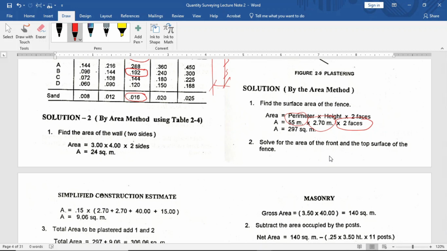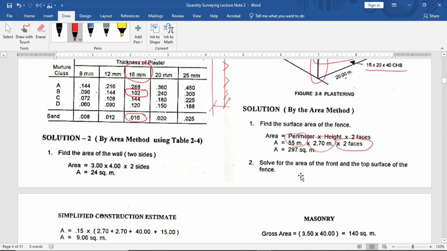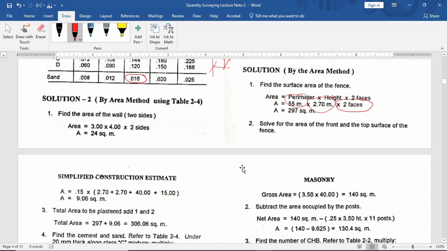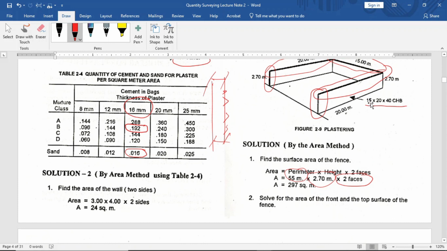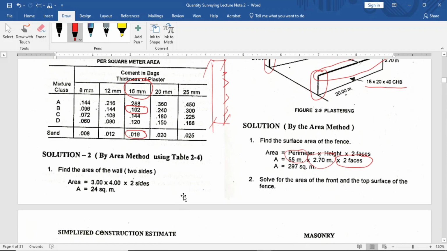So, solve for the area of the front and top surface of the fence. So, ito yun. Ito daw. Yan. Tsaka ito. I-plaster pa yan. So, ano ba yung makuha? 0.15, kasi alam natin ang thickness ng CHB is 0.15. 0.15 times 2.7.